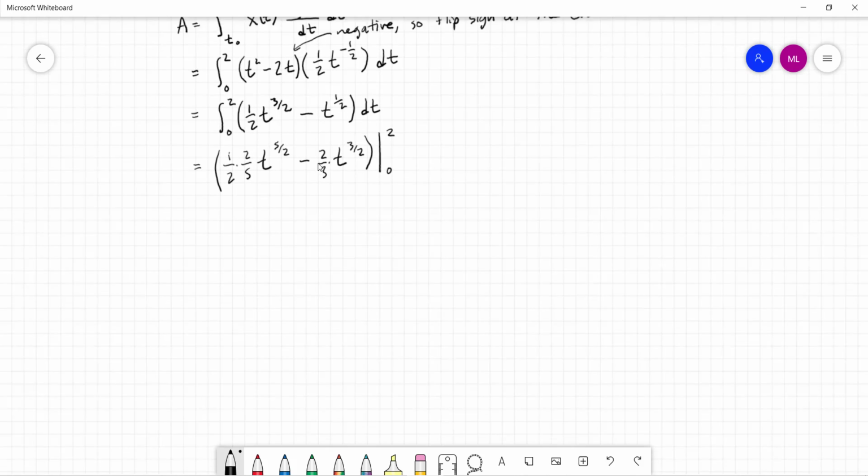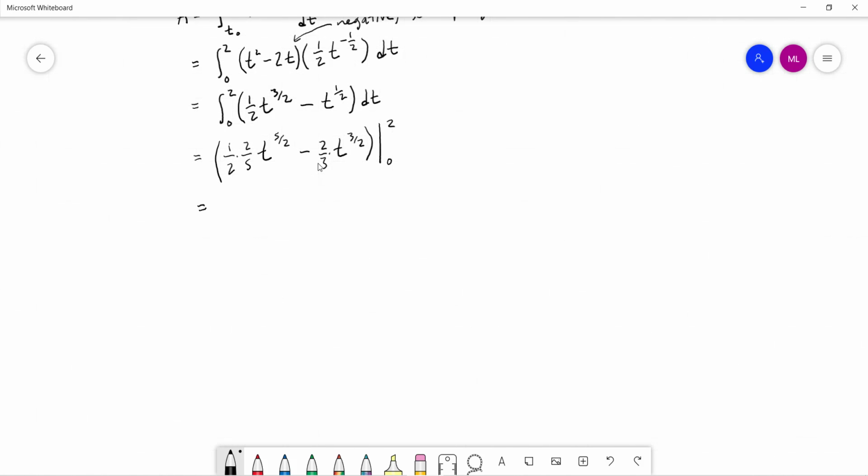And if we plug that in, again, I can do a little cancellation here, cancel those 2's at least. I will get 1/5 times 2 to the 5/2 minus 2/3 times 2 to the 3/2. And then when I plug in 0 in both of these cases, I will get 0.